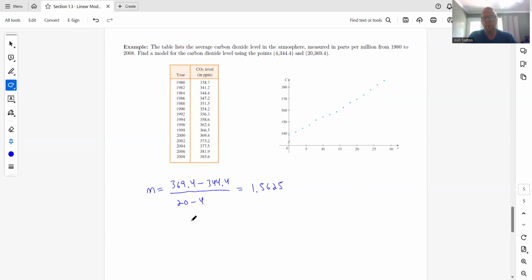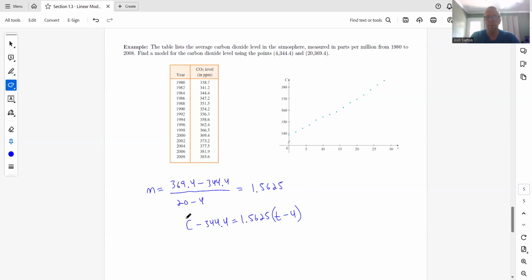So we're going to have to go through and do this with slope intercept or point slope form. So let's put one of these points in. So let's do C minus 344.4 equals the slope, and then T minus 4.